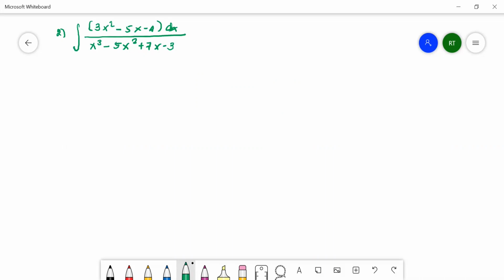So what we can do now is to determine if we can express the denominator as factors, specifically linear factors. Maybe we can do synthetic division.